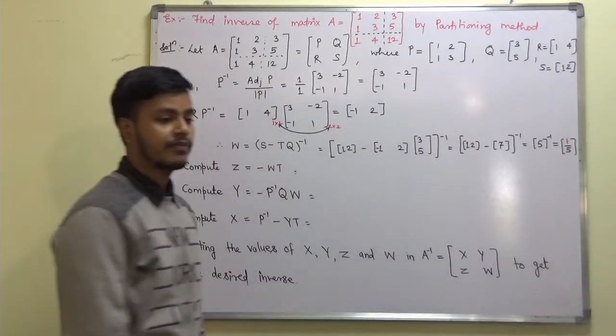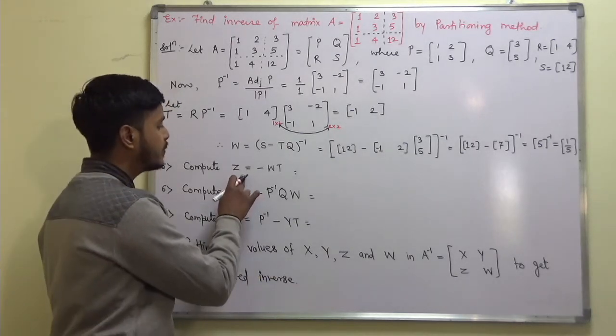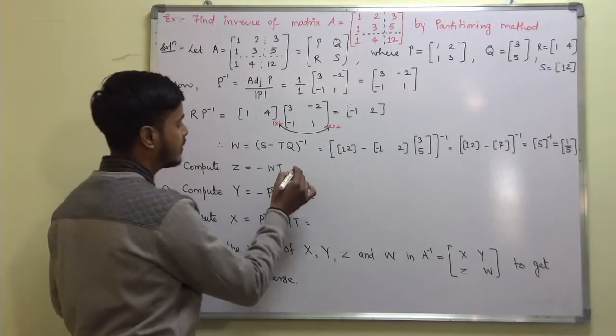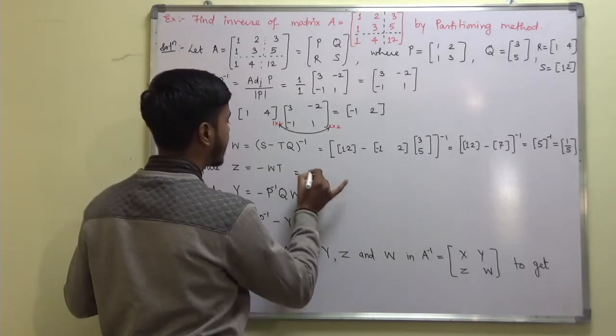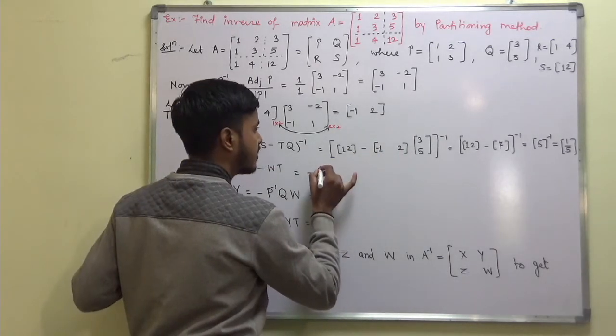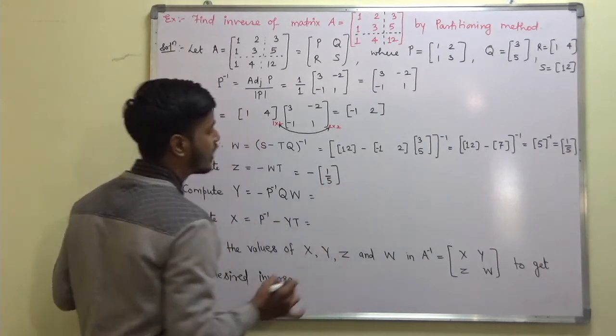Okay, simple. Now next we have to compute Z. Computing Z is equal to minus WT. What is W? W we have just found out, that's minus of a 1 by 1 matrix having the element 1 by 5.